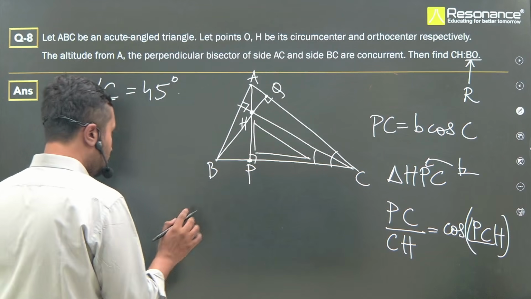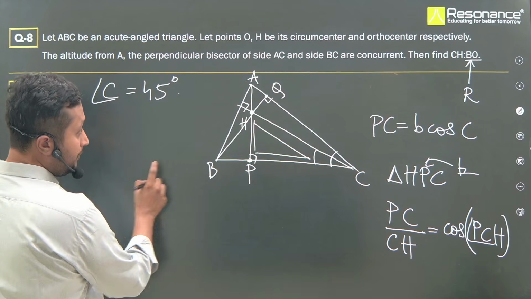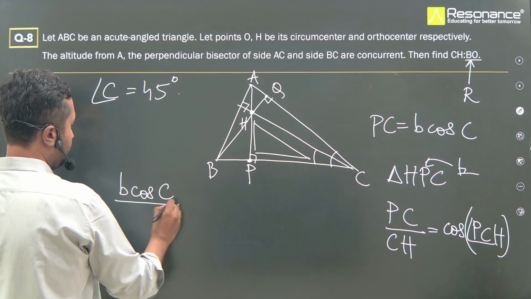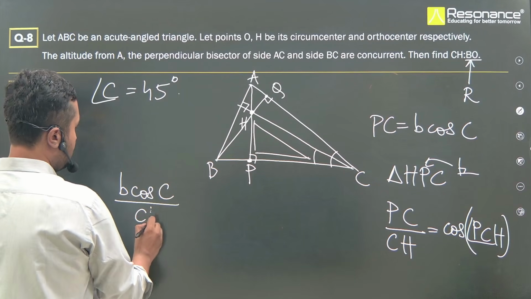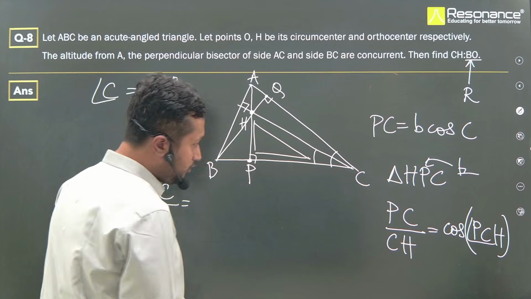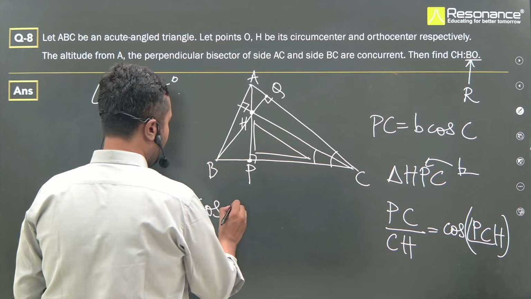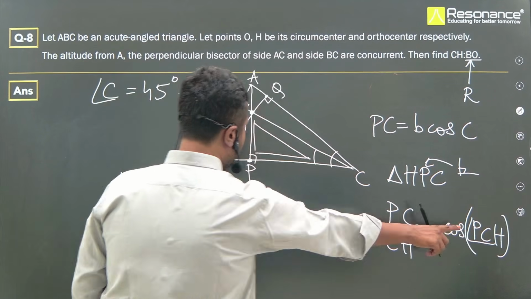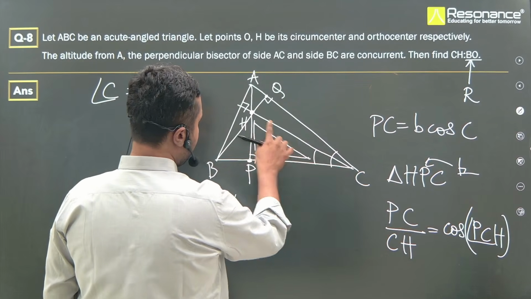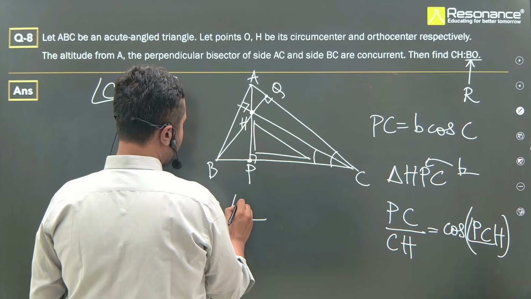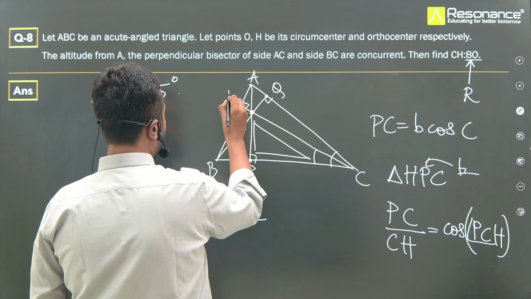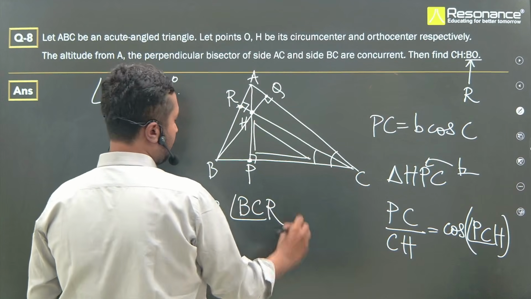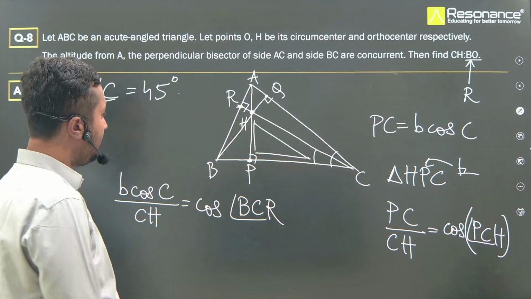So what does that give us? By the way, we also need to know that angle, right? So PC we actually know, which is b cos C divided by CH. What is all that now? It is cosine of angle PCH. I can write that as angle BCR. Right? It's really the same angle.